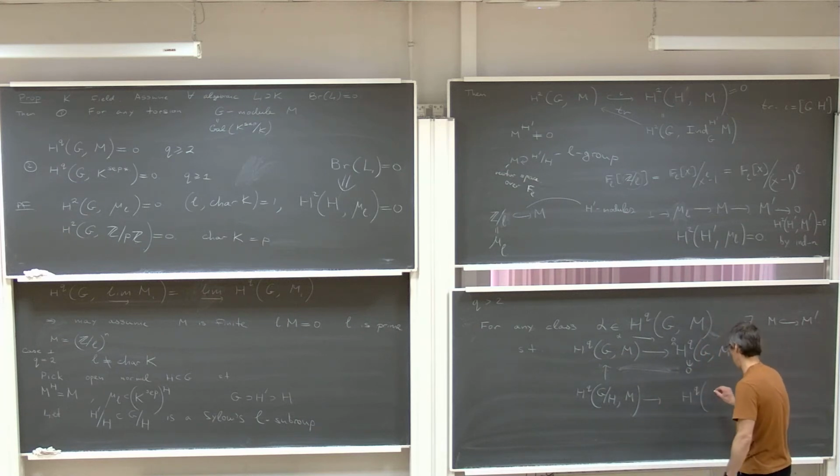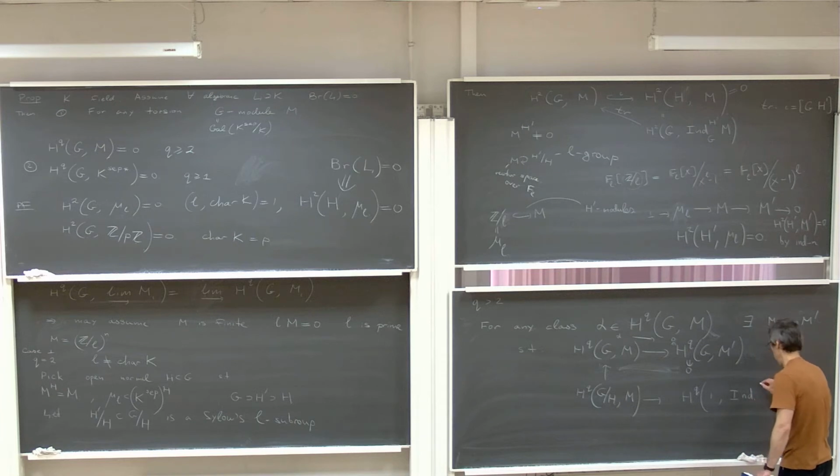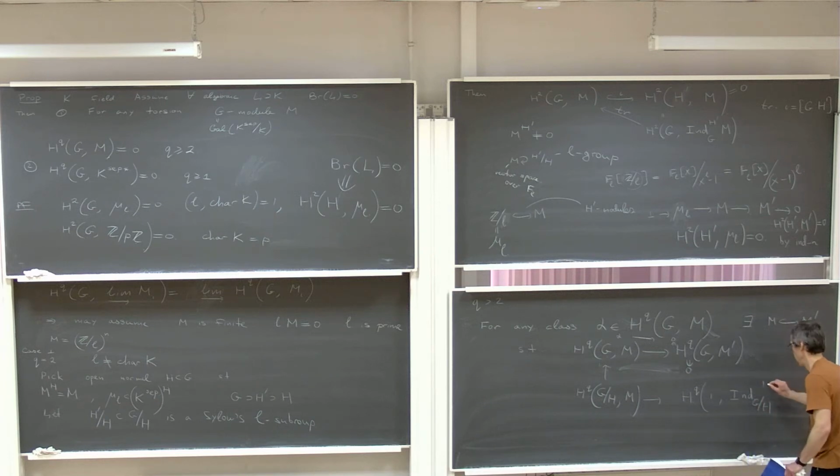Consider the map from this group to the trivial group, and here I take the induction from G mod H of M, right?